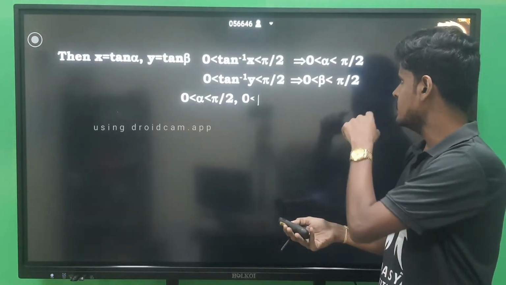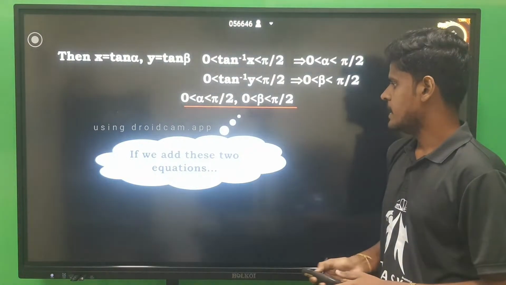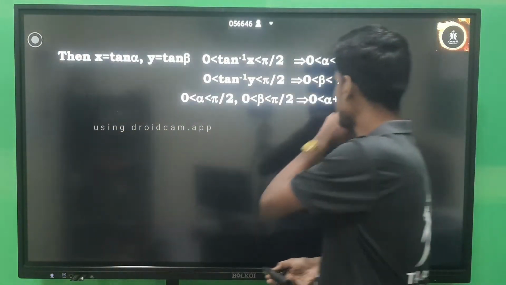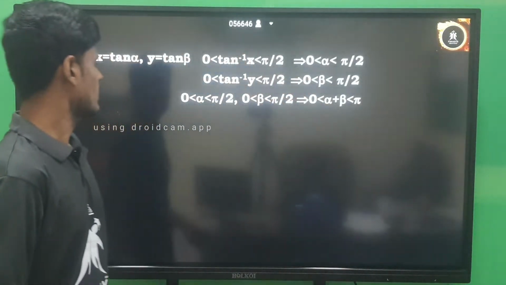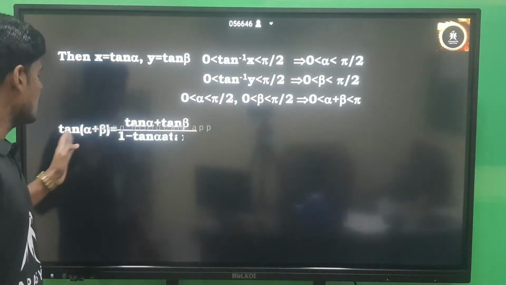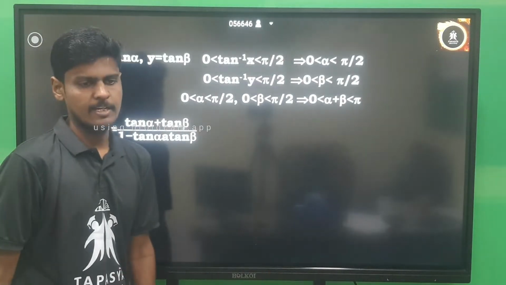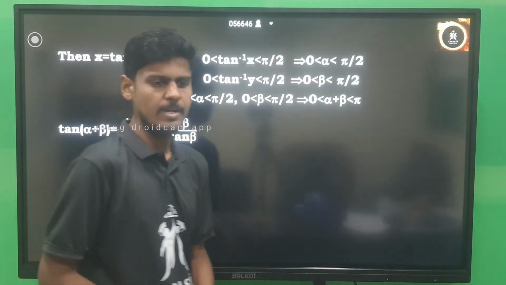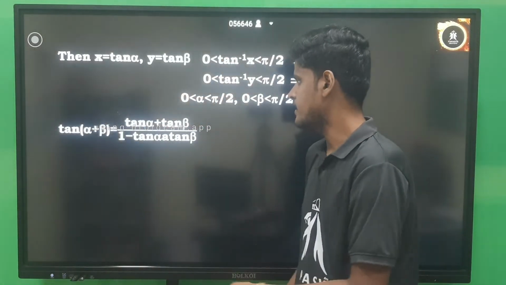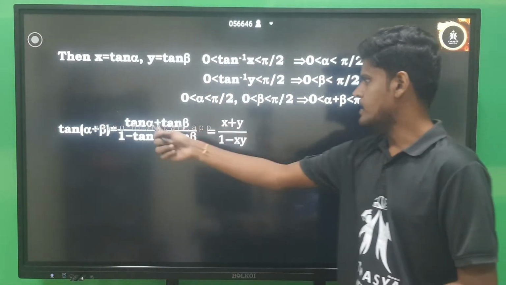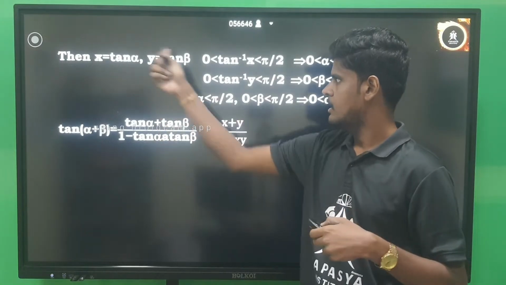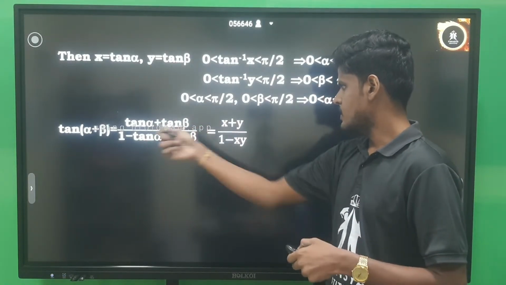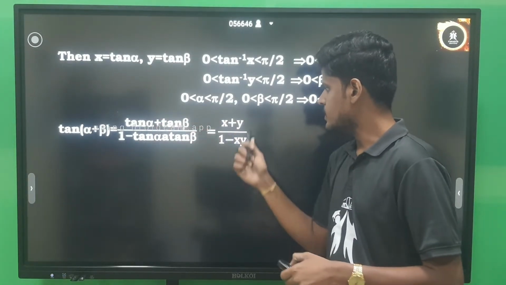When we add these two, it lies between 0 to 180 degrees. Now what is tan of alpha plus beta? Tan of alpha plus beta is (tan alpha plus tan beta) by (1 minus tan alpha tan beta). That is nothing but, what is tan alpha? X. Tan beta? Y. So this is (x plus y) by (1 minus xy).